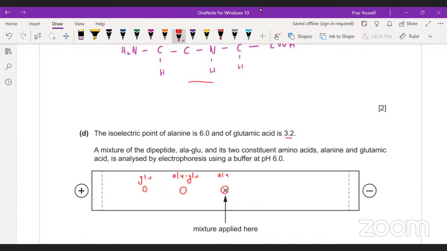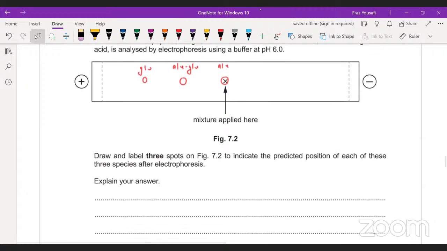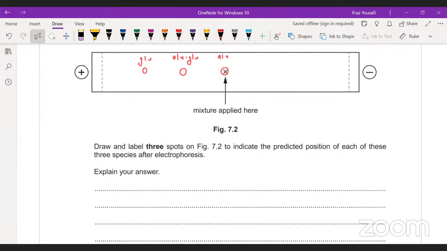And in terms of your overall explanation, what you want to be specific about, it says draw and label the three spots and indicate the predicted position of each of these three species. Explain your answer, right? So you've gotten 1 mark for the relative idea of where they are. You need to mention that the alanine is neutral at its isoelectric point of pH 6.